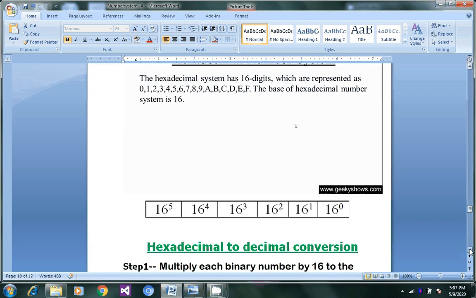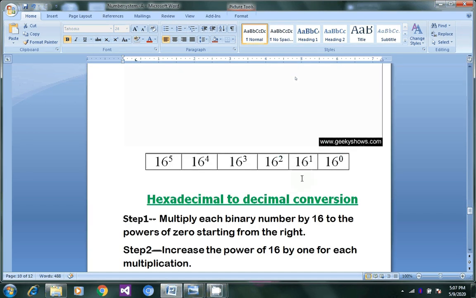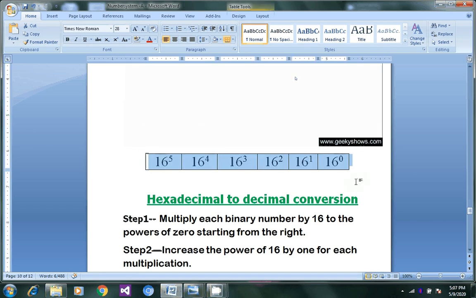All of you see here 16 to the power 5 down to 16 to the power 0.